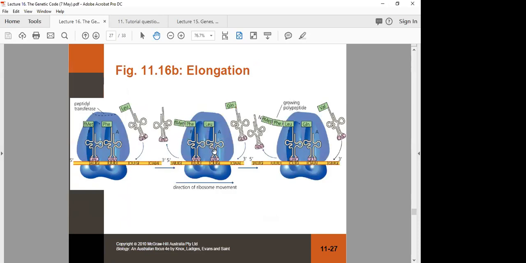So the next transfer RNA, which has the complementary anticodon GAC, has docked. CUG, according to the genetic code, encodes the amino acid leucine. Once again, a peptide bond has to be formed in between here. That's done by the enzyme peptidyl transferase, which essentially will transfer these two amino acids over to the leucine.